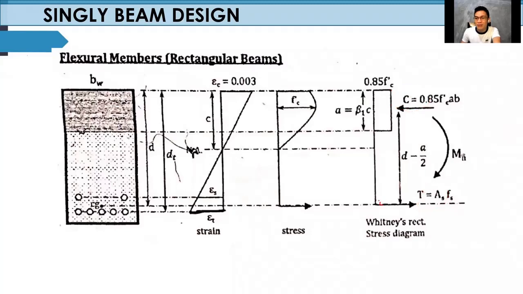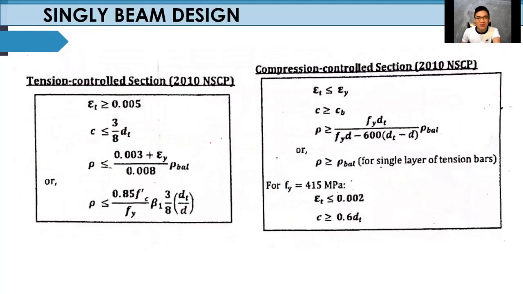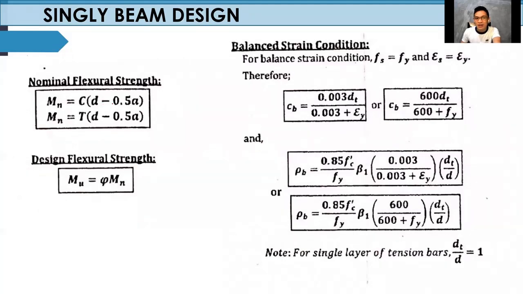So if dito ka mag-moment sa baba, so therefore our nominal moment, yung MN natin is 0.85 or yung C natin multiplied by our lever arm, diba? Because our moment must be created from a point load and a lever arm. So point load natin is yung C multiplied by ating lever arm, which is D minus A over 2. Ayan siya. So A over 2 or 1/2 is equivalent to 0.5. Baka malito kayo. Yan lang yun. Yeah. I-convert lang siya into 0.5.